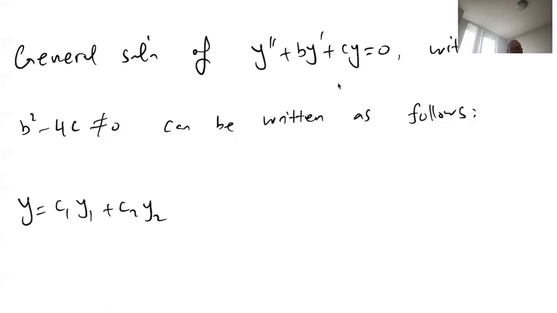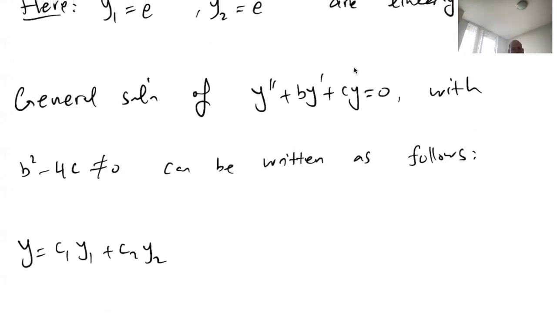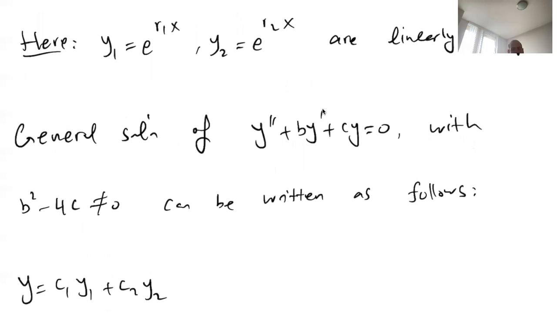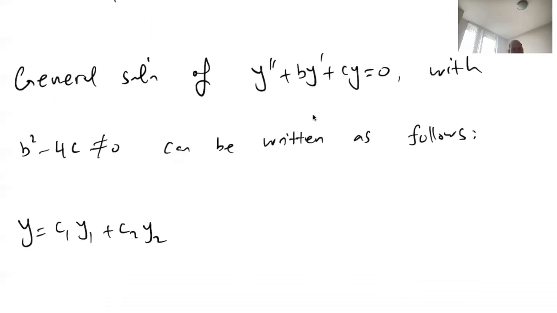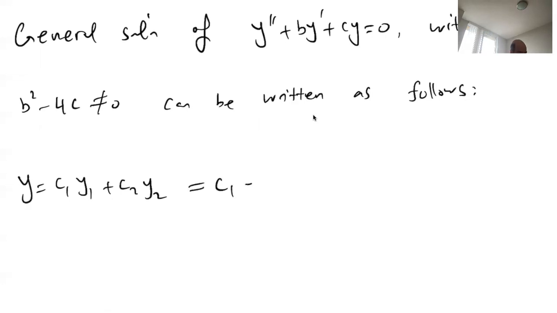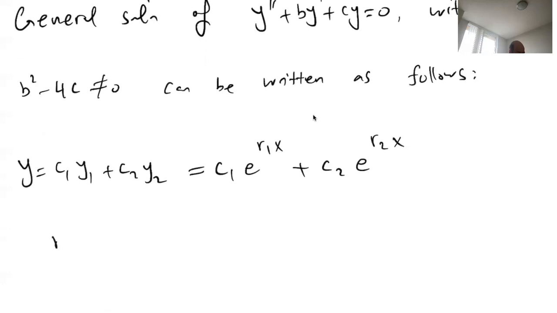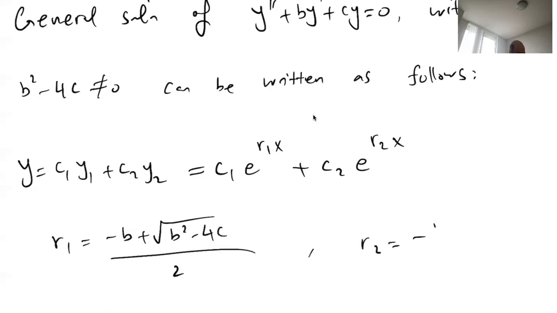We found two linearly independent solutions for this equation, so we can write the general solution as c1 y1 plus c2 y2. That's going to give us c1 e to power r1x plus c2 e to power r2x. And here r1 is minus b plus root b squared minus 4c, divided by 2, and r2 equals minus b minus root b squared minus 4c, divided by 2.